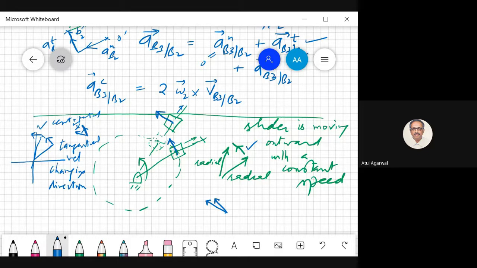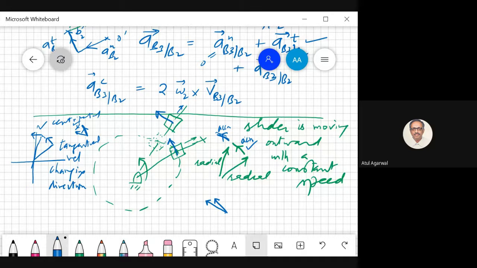So it will lead to centripetal acceleration. Now you see here tangential velocity is also increasing because the particle slider is at a larger distance because of this v relative. So what will be the direction of change? That will be increase in the tangential velocity, so you will have acceleration in the tangential direction. Here, because of the radial velocity changing direction, you had an acceleration in the tangential direction.